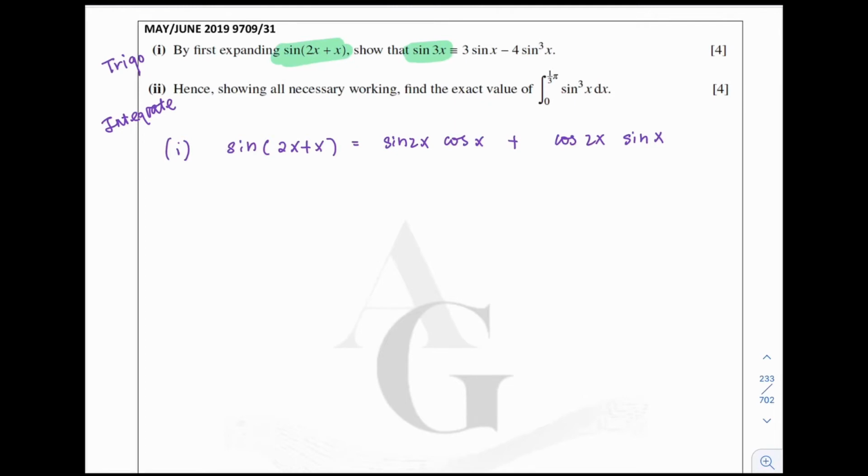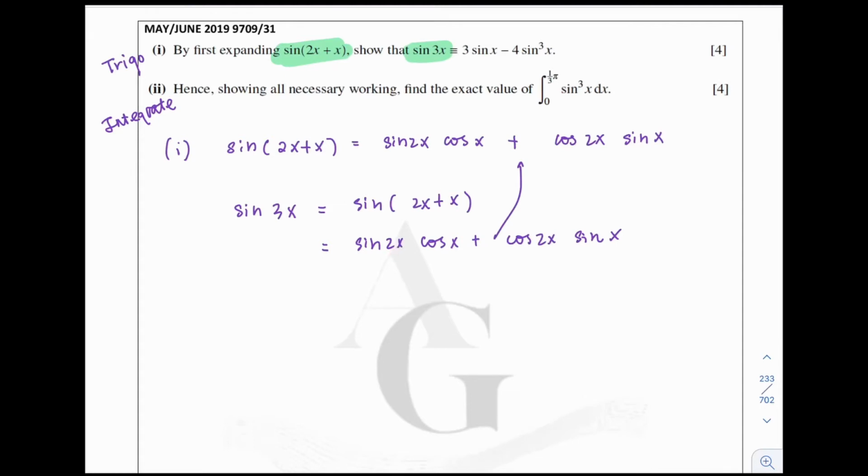So what we need to do now is put sin 3x equals sin(2x + x), which equals this part. I just fill it up here. What they want us to prove is just in terms of x, without the 2x. So how do we get rid of the 2x?